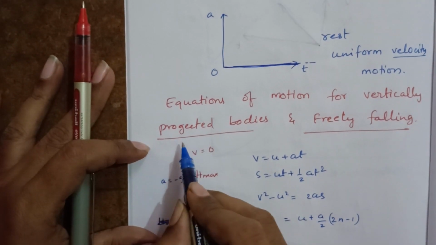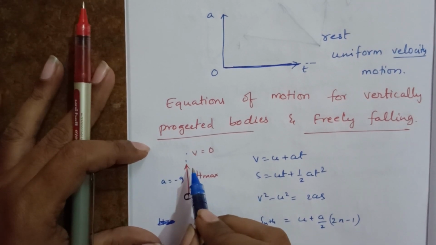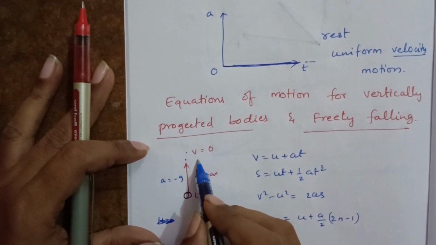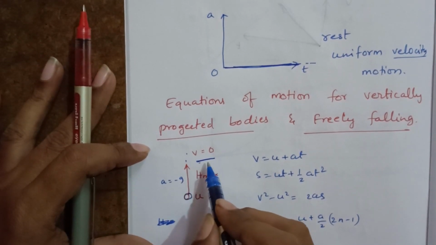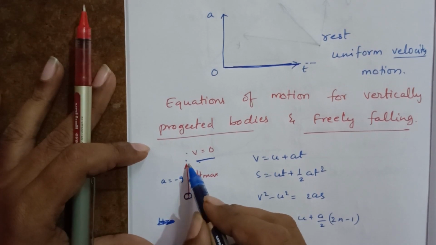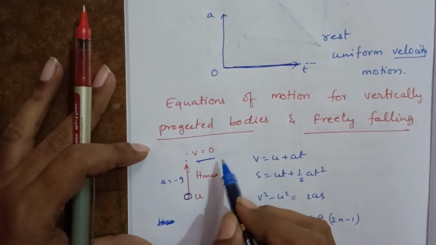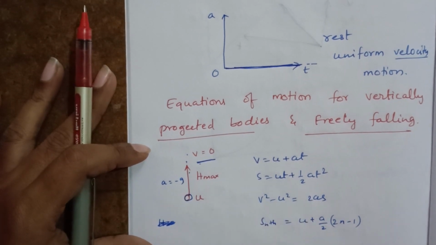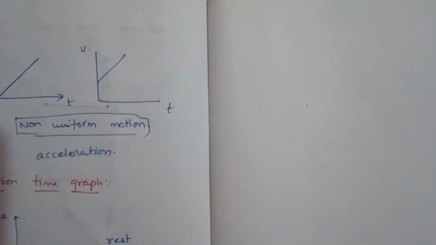If the body reached maximum height, if they mention it in the question, we can take v equal to 0. At maximum height the velocity of the body becomes 0. They can also ask at the 10th second or after traveling to the midpoint, and at that point velocity is not 0. Now we will see how the equations will be.